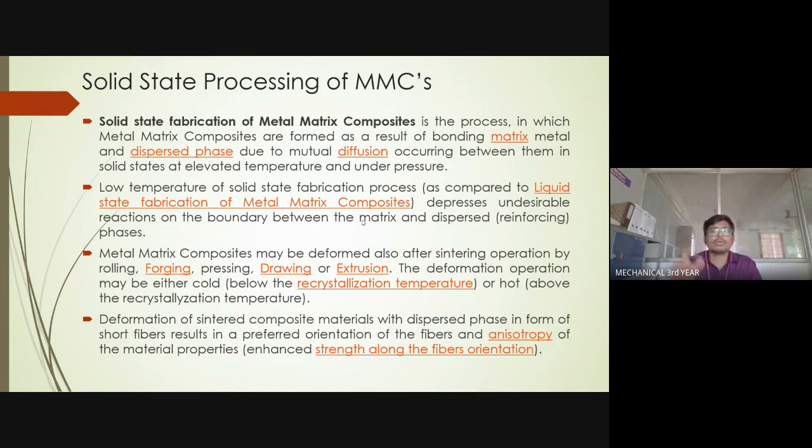Consider that you have four molecules, and those four molecules are subjected to external pressure. Molecules 1, 2, 3, 4 all get combined to form a single molecule, with a space provided in between into which your molten material can be infiltrated. The deformation process may be either cold or hot.